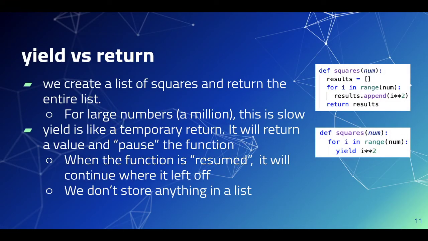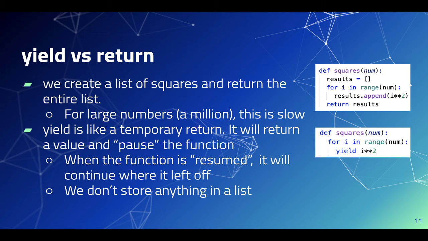So let's talk about the behind the scenes of generators. Like, how do you create a generator in Python? Well, the main difference, actually one of the only differences between a generator and a normal function, is the yield versus return keyword. So when you have a normal function, take a look at squares, we have a list of results, right?